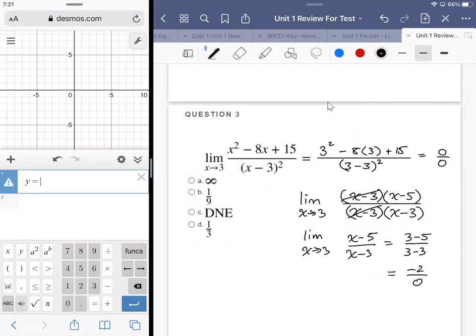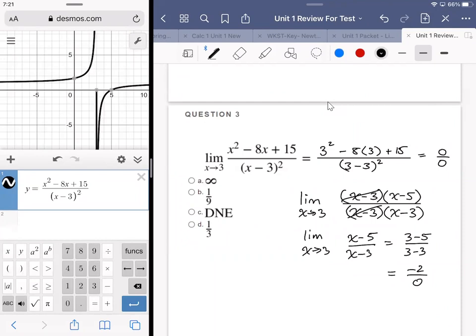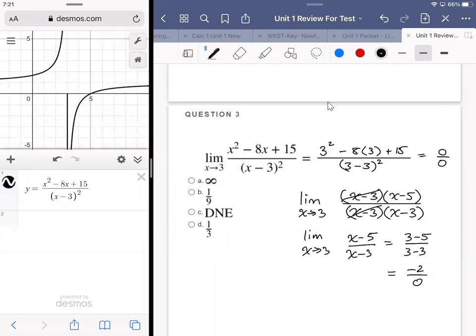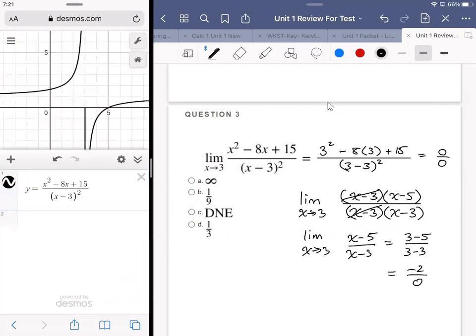All right, so y equals x squared minus 8x plus 15 over x minus 3 quantity squared. Now we got this little bit of funny business going on over here. That's just Desmos going a little wacky.